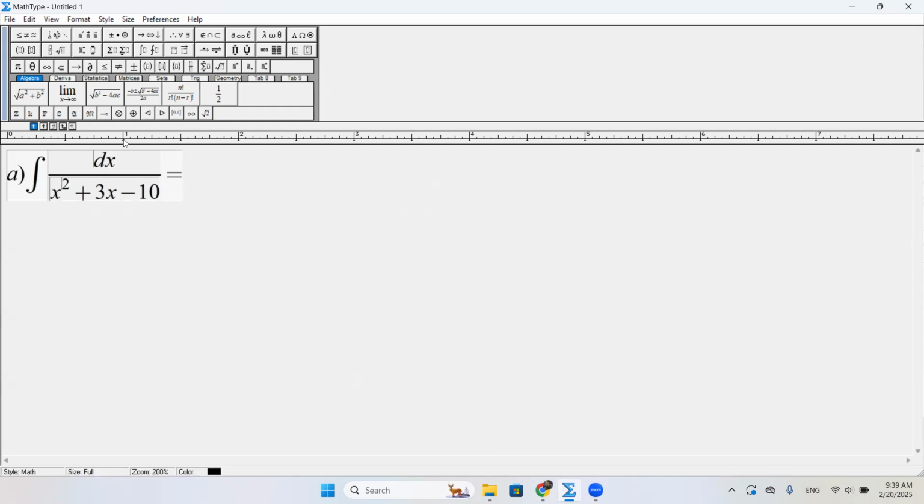And how can we do it with integrals with such a denominator? We just need to extract the perfect square.